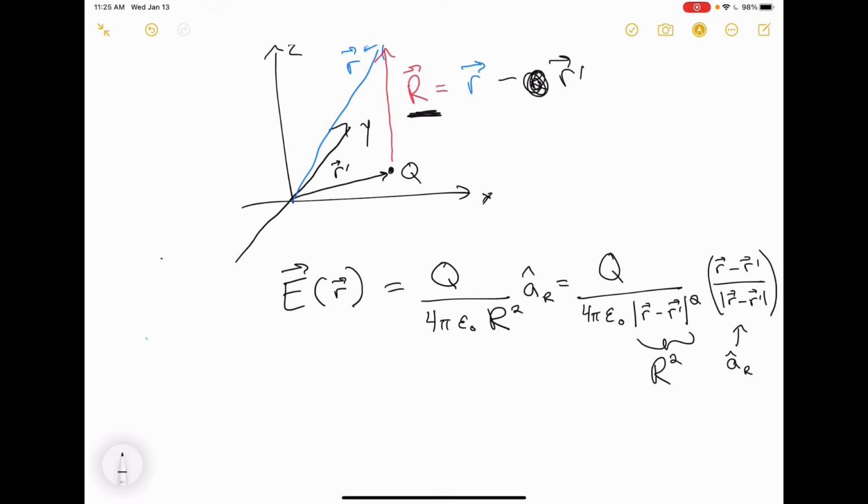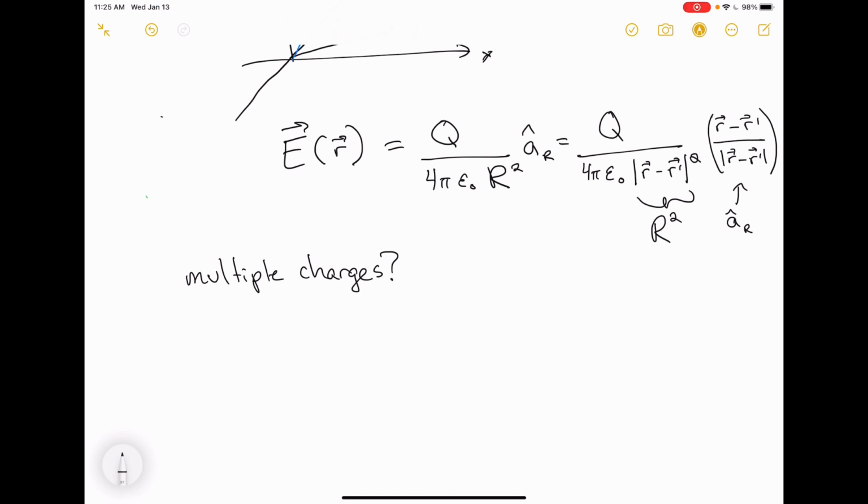What happens if you have multiple charges? You can just add up the electric field contributions from each of the individual charges. The total electric field is equal to the sum over all the charges that exist. Let's say there's n charges of the electric field due to each of the individual charges by itself.